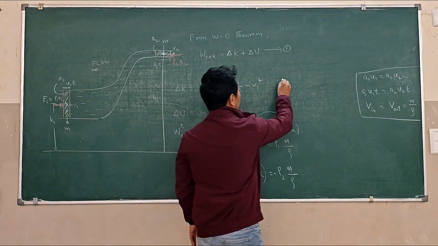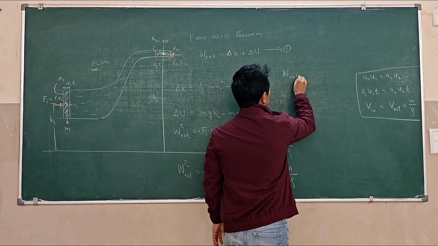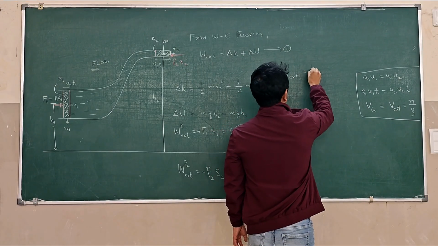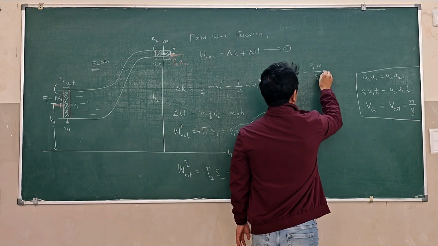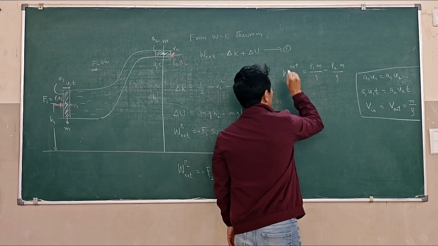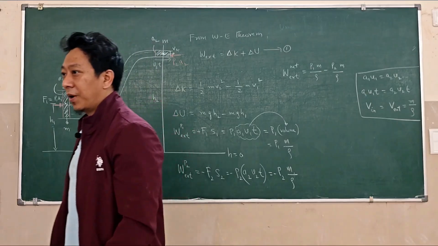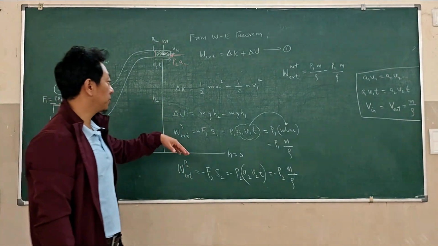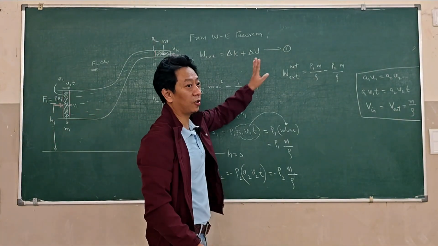So what is the total work done by the external force? P1 m by rho minus P2 m by rho. This is the total work done by the external pressure force. Now substitute all this in the work energy theorem.